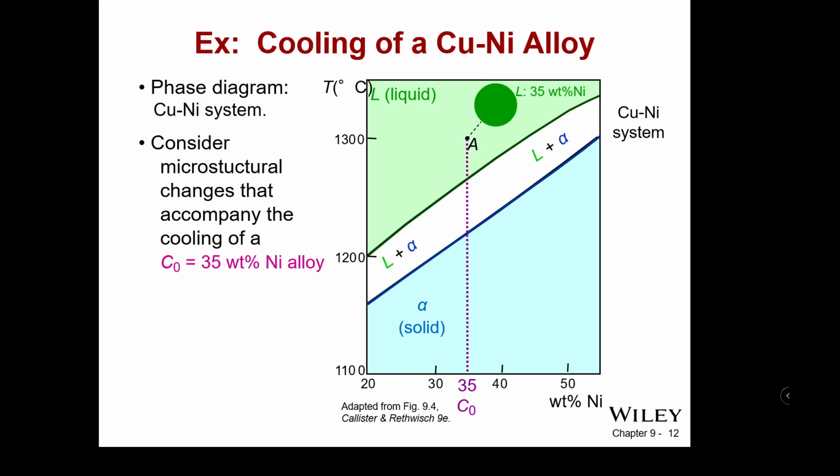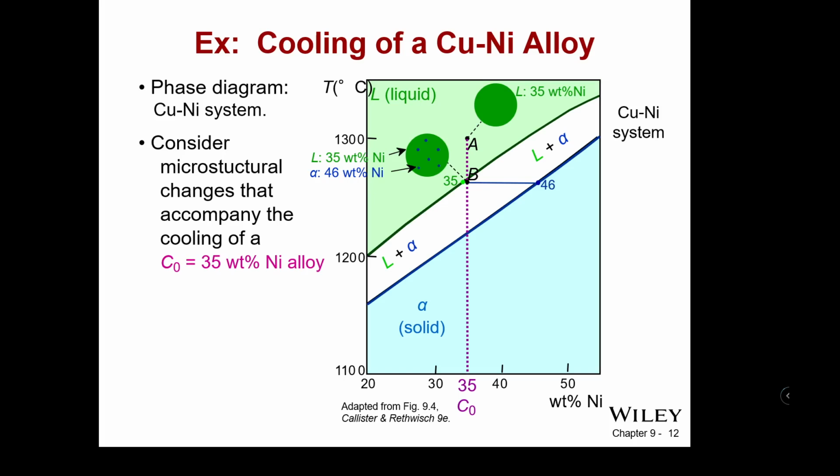Then, as we go through cooling on the phase diagram, again, if we start at A at 1300, 35 weight percent nickel, as we cool to the very first edge of that envelope, we get a very, very small tie line to the left and a very large tie line to the right.